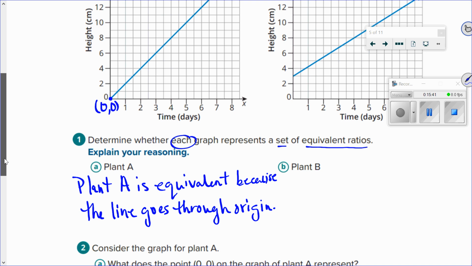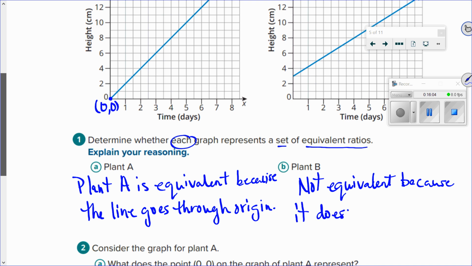Why not, Legend? Because it's not going through the origin. Good, it doesn't go through the origin. Not equivalent because it doesn't go through the origin. And honestly, guys, your logic is that simple.